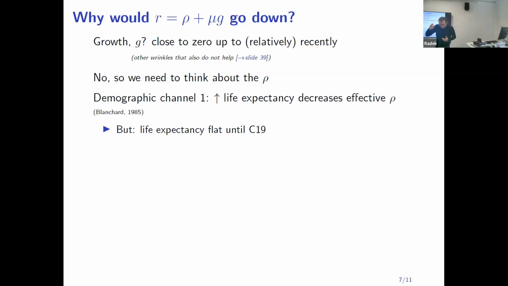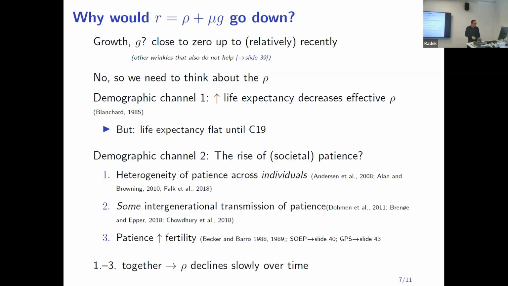Because, taking out death of children at birth, once you've survived to age 25, your life expectancy until the 19th century was pretty flat. From the 1300s to the 19th century, it didn't change very much. Only after the 19th century kicked in did it go up. So increasing life expectancy certainly contributed to declining rates of interest, but only after the 19th century, not before. So we need some different demographic channel to get at that.